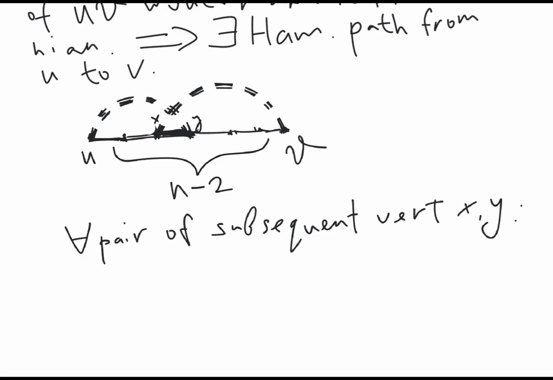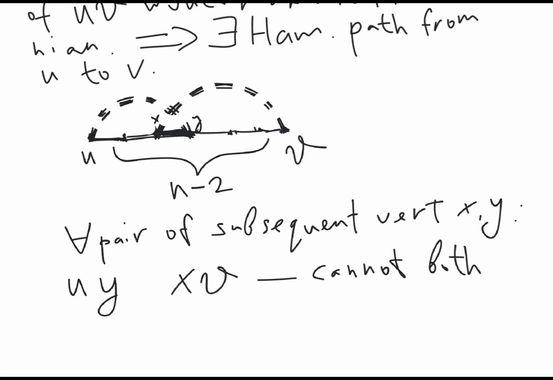So from u to y and from x to v, they cannot both be edges at the same time.